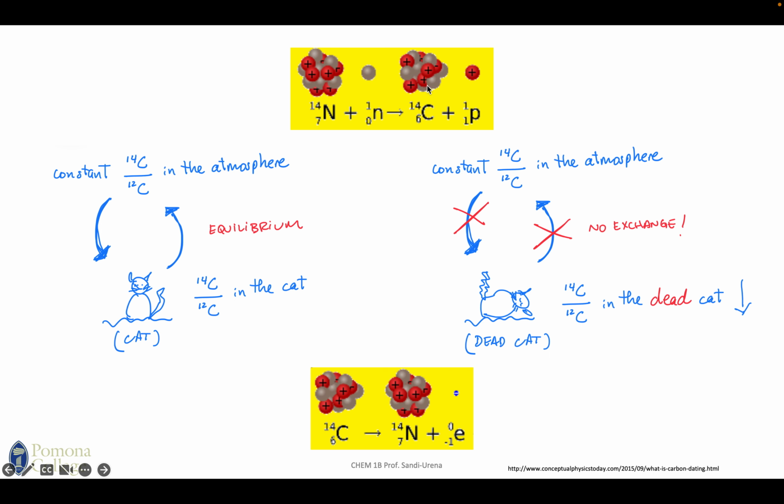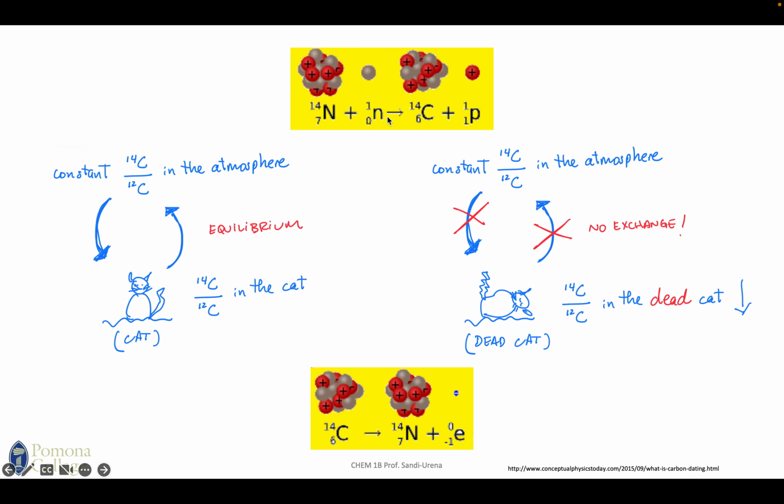That's constantly happening. So carbon-14 is being decomposed, decays in the planet, but it's being replenished because of the bombardment of cosmic rays on the atmosphere.